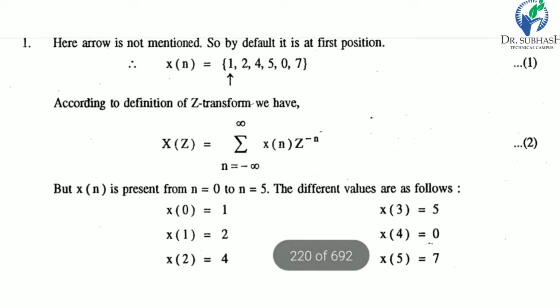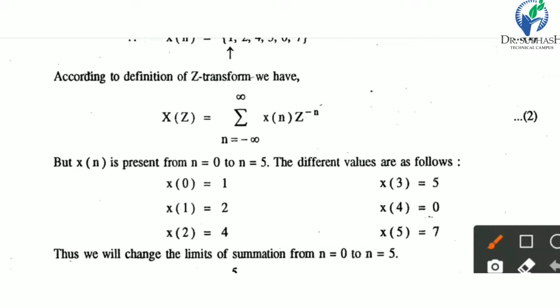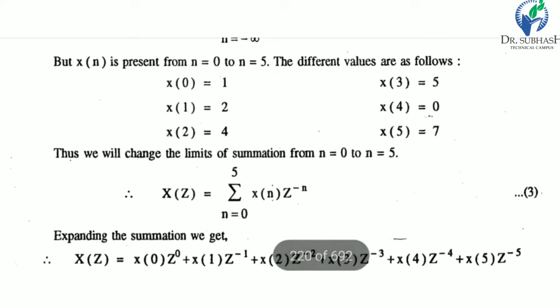According to the definition of Z transform, we have x of z equal to summation n equal to minus infinity to infinity x of n z raised to minus n. But x of n is present from n equal to 0 to n equal to 5.